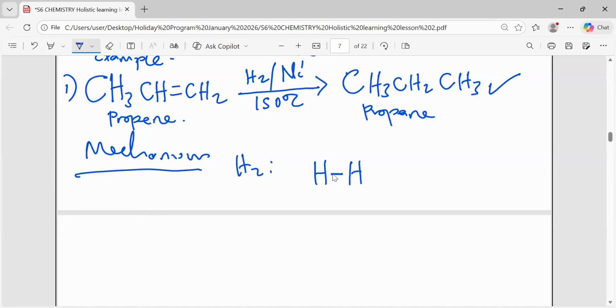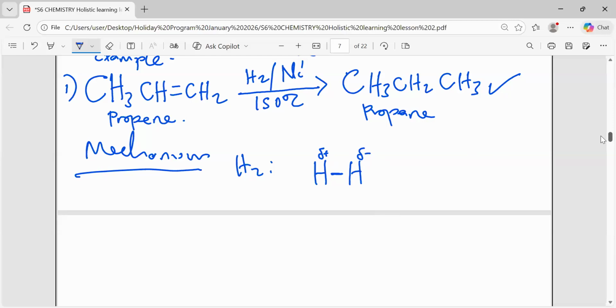What are you telling us about these two hydrogens? Those two hydrogens, I'm going to pick one. That one will have to go with one of the bonds on propene. It is partial: one is partial positive, and the other one is partial negative.